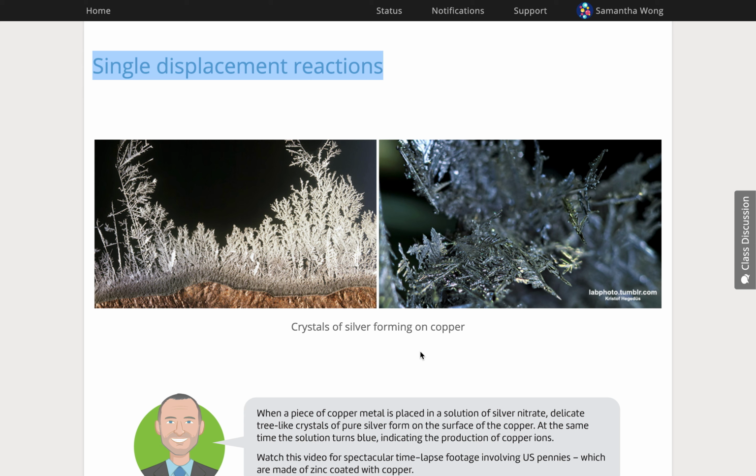These images were taken when a piece of copper metal was placed in a solution of silver nitrate, and what resulted was these delicate tree-like crystals forming on the surface. At the same time as these crystals are being formed, this solution turns blue, indicating the production of copper ions.